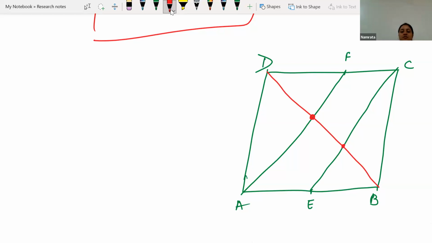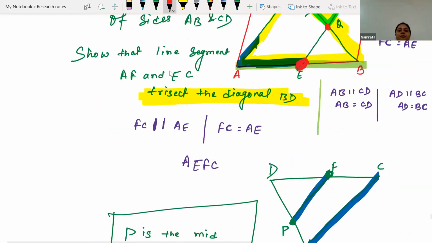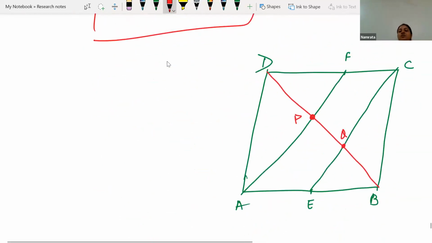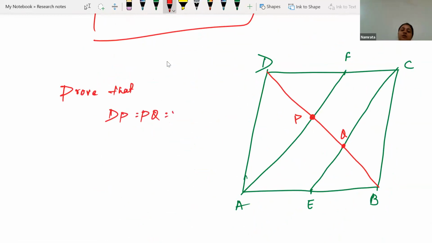That means we wanted to prove that DP, PQ, BQ all are of the same length. The diagonal BD is trisected. That's what we wanted to prove here.